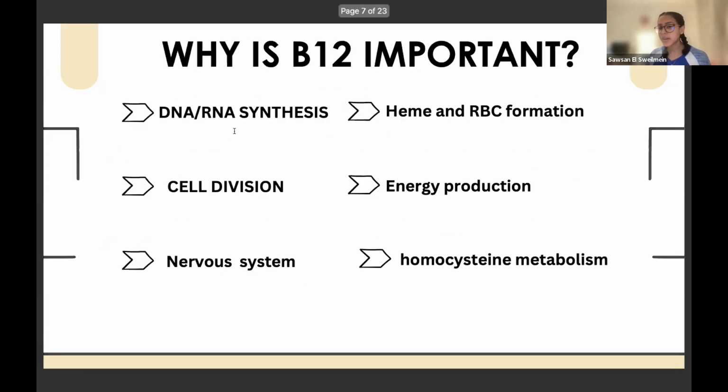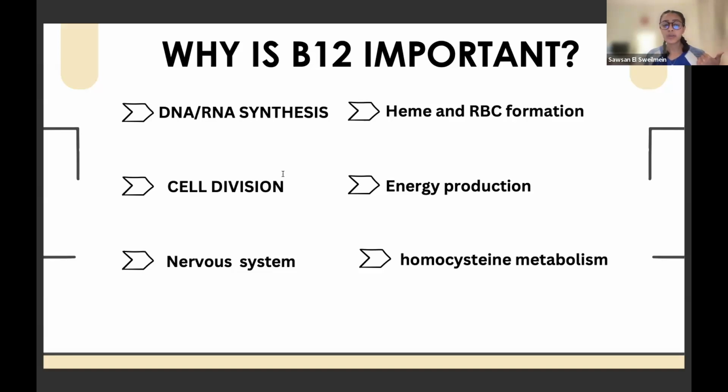Okay, so now why is B12 important for us? Number one, because we need it for DNA and RNA synthesis, for heme and RBC formation. We need it for energy production, for cell division and maturation. We need it for the nervous system, for its protection and function, and for homocysteine metabolism as well. As we know, B12 is a cofactor in multiple enzymatic processes in our body.